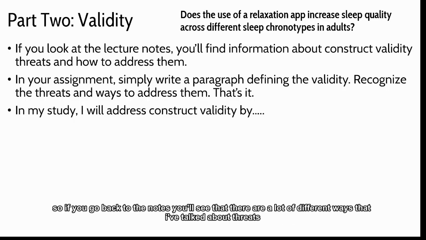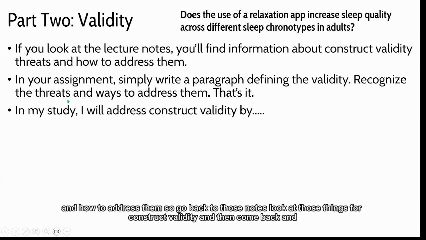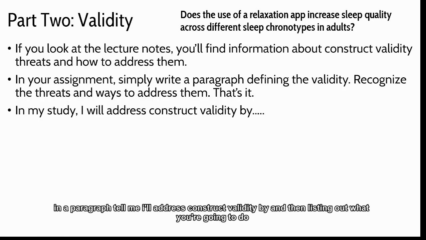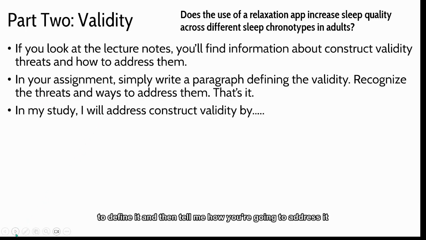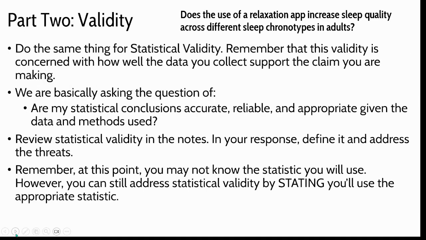So if you go back to the notes, you'll see that there are a lot of different ways that I've talked about threats and how to address them. So go back to those notes, look at those things for construct validity, and then come back and in a paragraph tell me I'll address construct validity by, and then listing out what you're going to do. So define it and then tell me how you're going to address it.